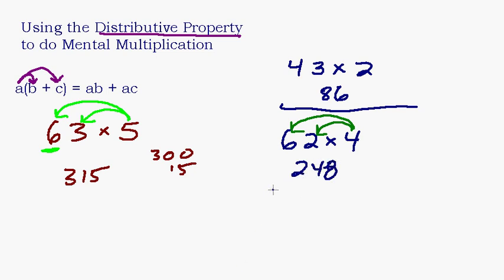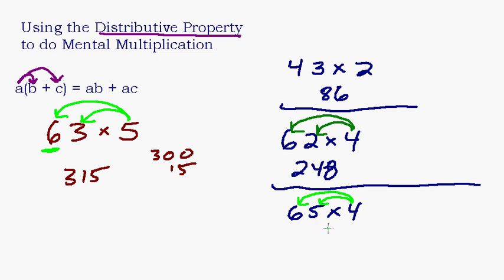Right, let's try one that carries. Let's see what I mean here. Like, what if we did 65 times 4? It's going to take a little more mental math. We still have 4 times 60, 240. 4 times 5 is 20. 240 plus 20.